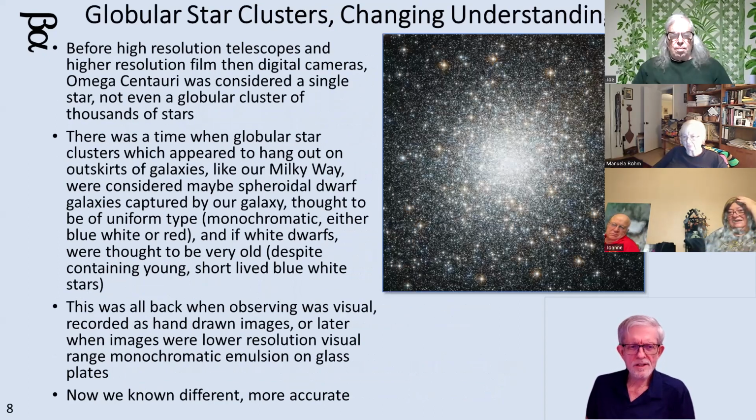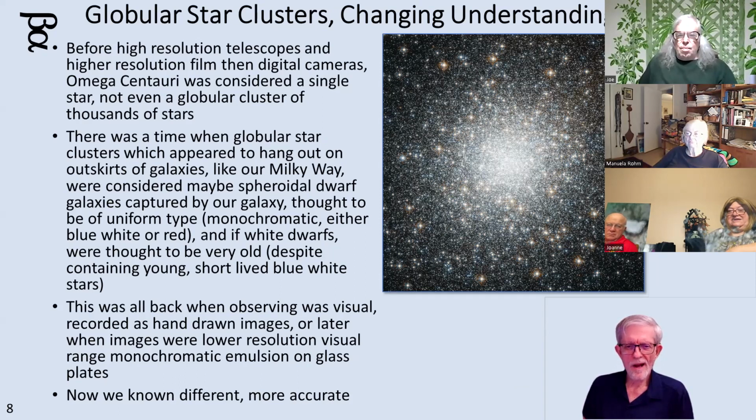So globular clusters, the largest globular cluster in our galaxy is Omega Centauri, and that one's more than hundreds. That might even be thousands of stars. And now that we have better imaging capability, bigger telescopes, we realize that they're not all the same color. They're not all white.